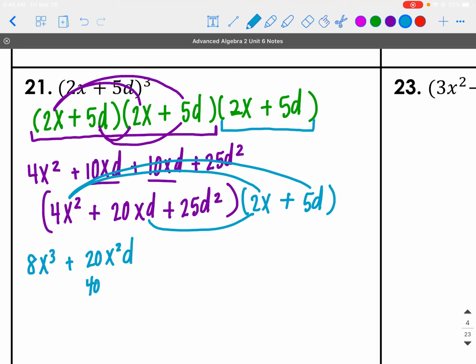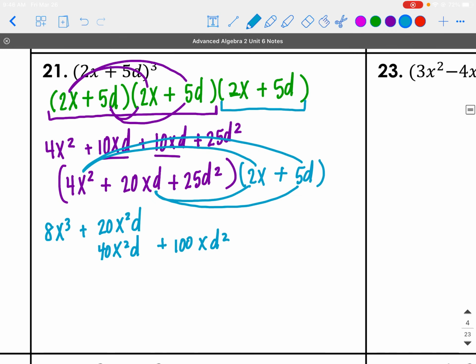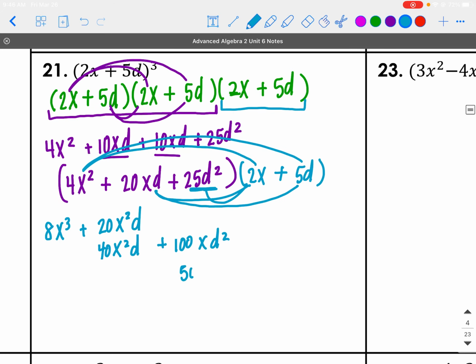This would be 40x squared d plus 100xd squared. And then we got to multiply the 25d squared. So that would be 50xd squared and plus 125d cubed.